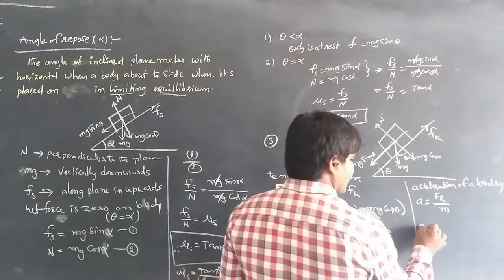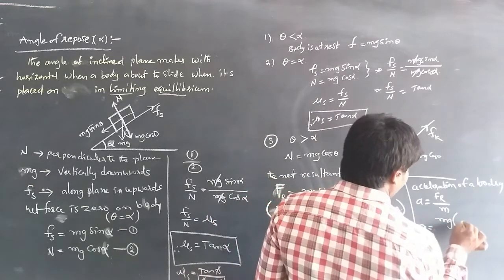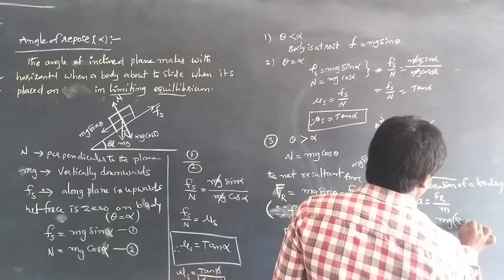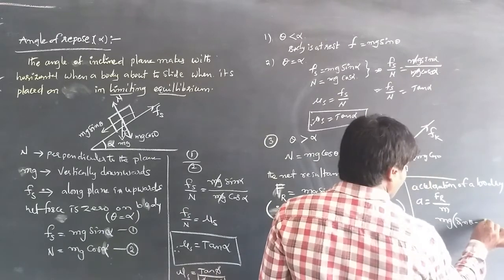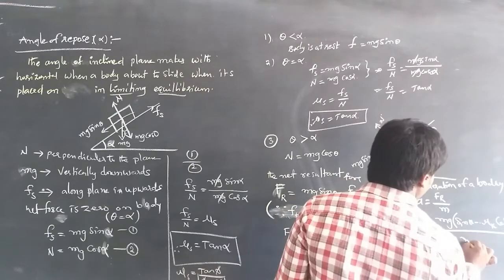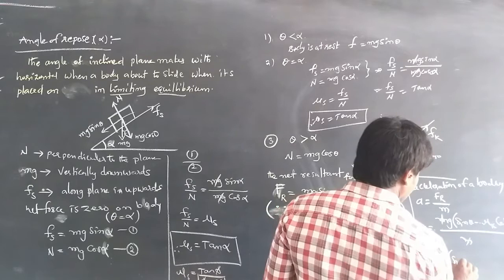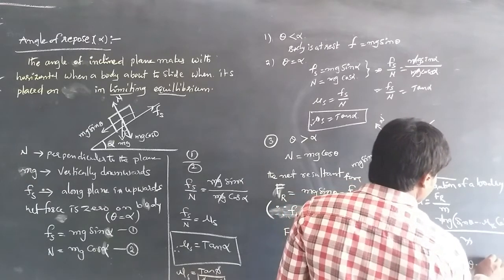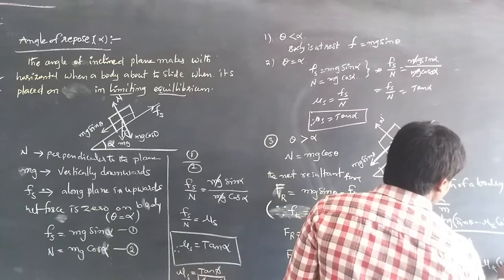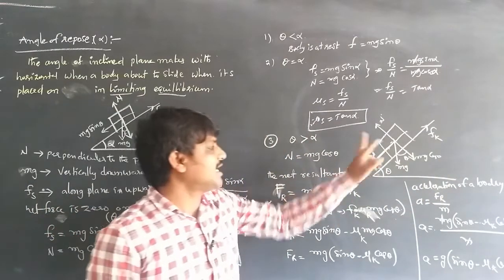So A is equal to mg of sin theta minus mu k cos theta by m. m gets cancelled, so A is equal to g of sin theta minus mu k cos theta. With this acceleration, the body slides down the inclined plane.